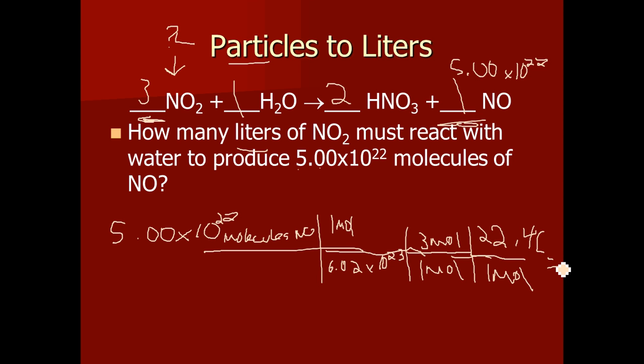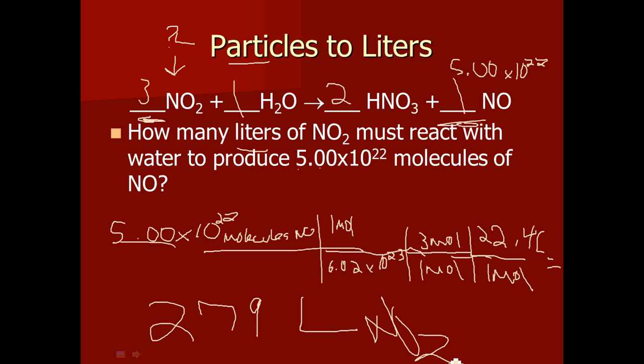So we have 5.00 times 10 to the 22, and then we go times 3 and then times 22.4 and then divided by the 6.02 times 10 to the 23rd equals, and then using our 3 significant figures, our answer should be 279 liters of NO2.